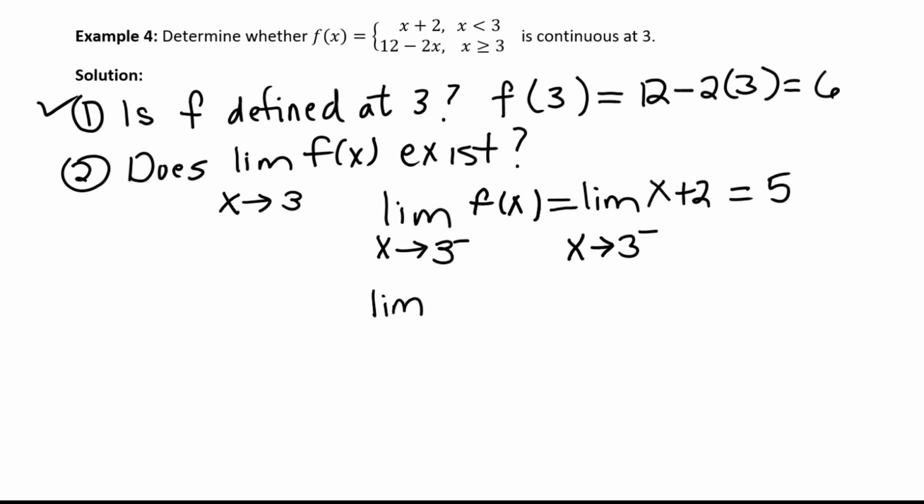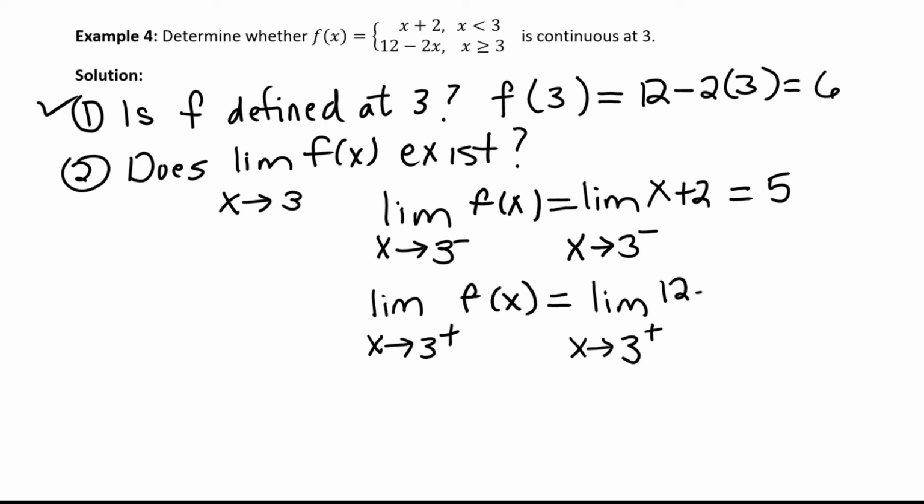How about the limit as x approaches 3 from the right of f of x? From the right means from numbers bigger than 3, so we want x to be equal to or greater than 3. So we're now going to compute the limit as x approaches 3 from the right of the 12 minus 2x piece, which we previously computed as 6.